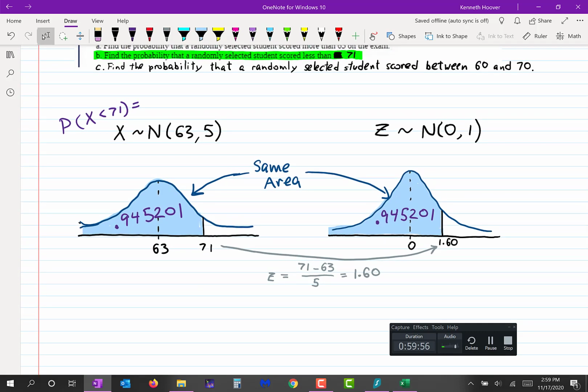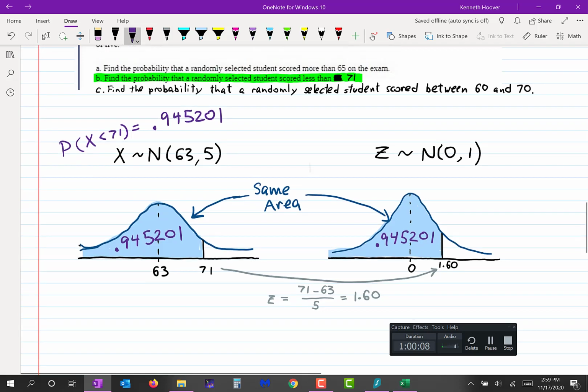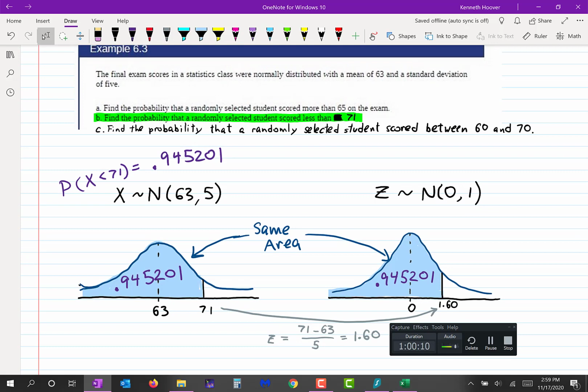It's giving me an answer to 2 decimal places more than I got from the table. I think using Excel is much faster. Okay, so that's the answer for part B. The answer is 0.9452. Let's go ahead and put the 01 on there, okay?